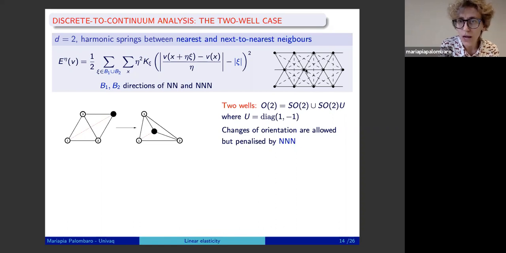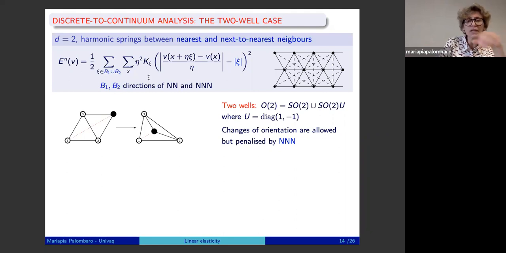So each atom now interacts with the 6 surrounding nearest neighbors and the second neighbors, which are these long diagonals. So there is another one here, up here, another one here. So 6 plus 6. So this is the first case. It's a simple model, and it's the first discrete two-well energy that we considered.